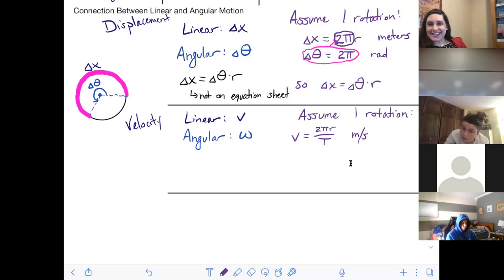Hopefully you recognize that linear velocity equals 2 pi r over capital T. You recognize that from last unit. For angular velocity, if we assume one rotation, we will have moved through 2 pi over the course of the period.